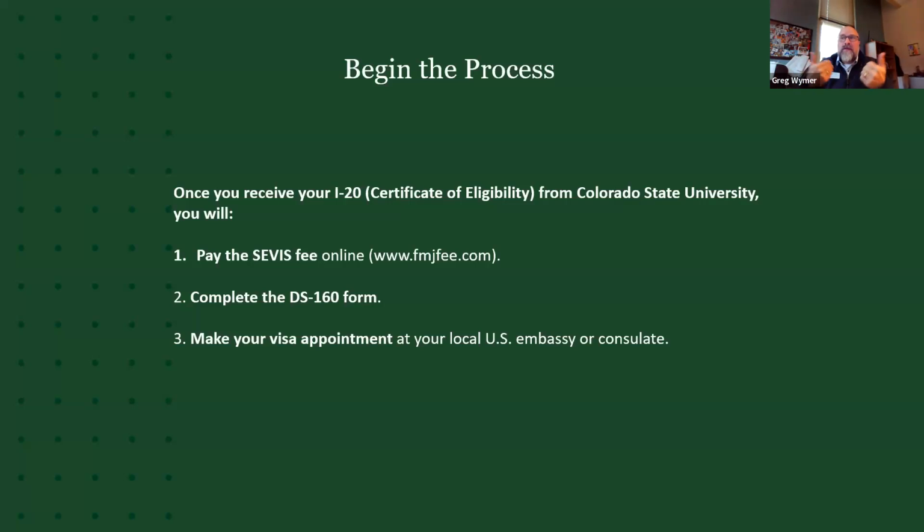The next step is to complete the DS-160 form, the online visa application available on the US Embassy or consulate's website. You should pay the visa fee, if required, in advance of your visa appointment. You'll need to upload an approved photo as part of the application, then print out and keep the DS-160 confirmation page. Finally, schedule your visa interview at the local embassy or consulate.